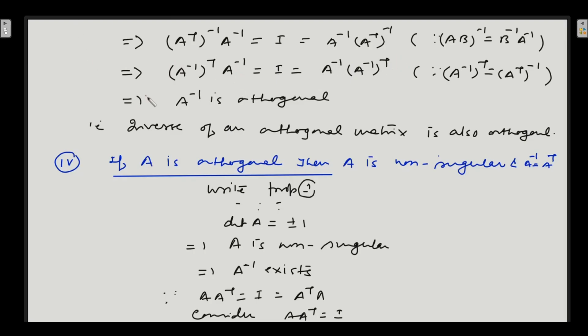Now apply the definition of orthogonal matrices. If A inverse is orthogonal, this expression will hold good. So this is holding good, so A inverse is orthogonal.